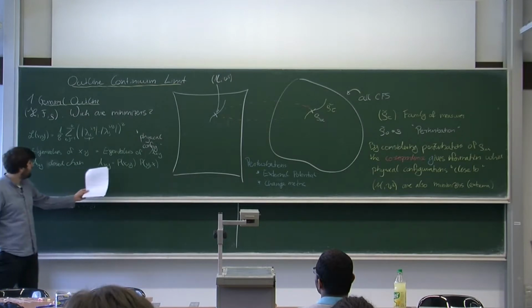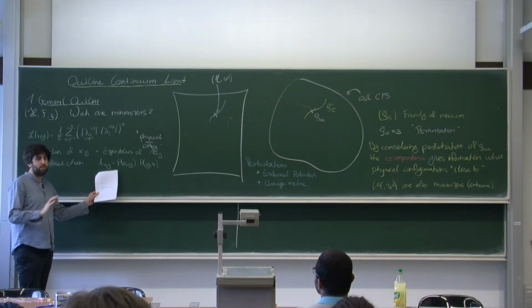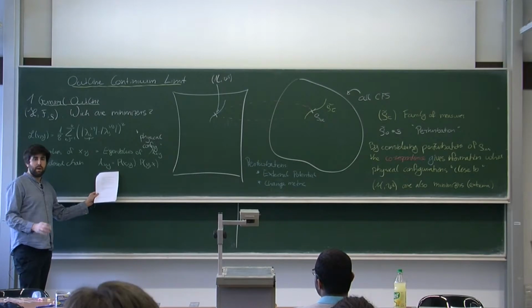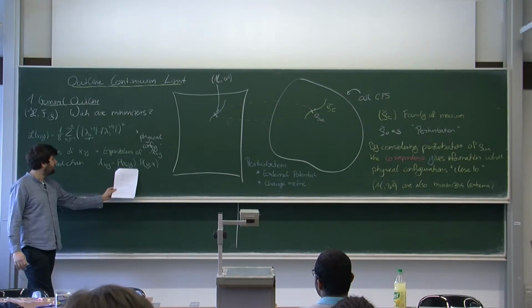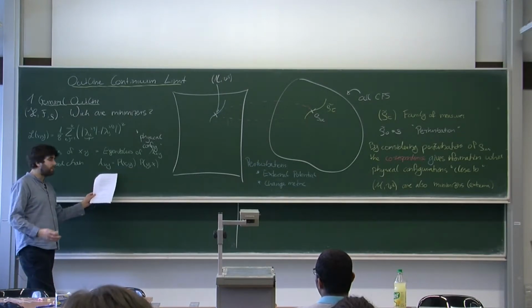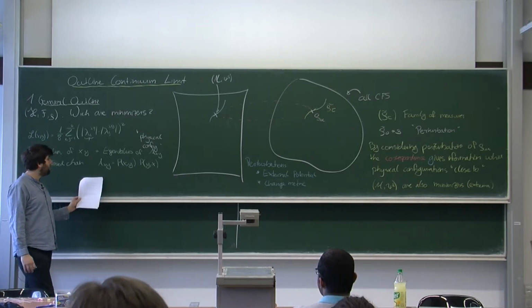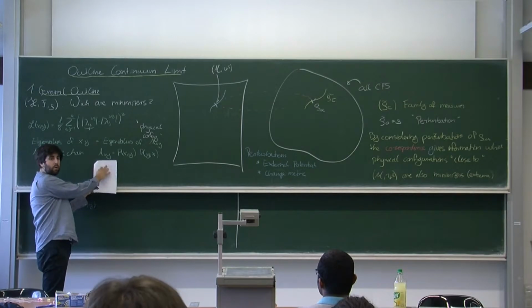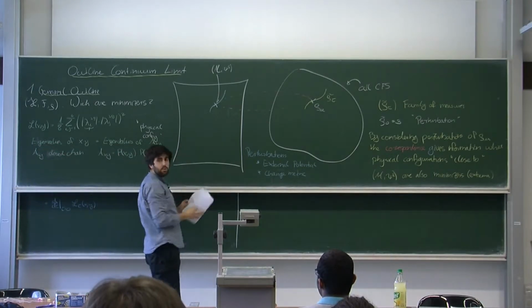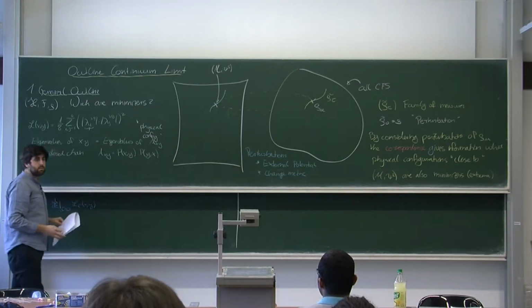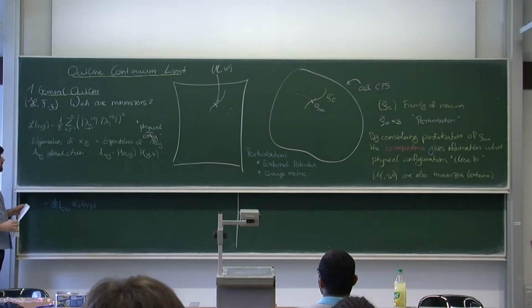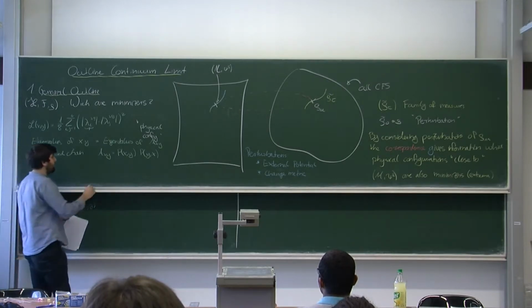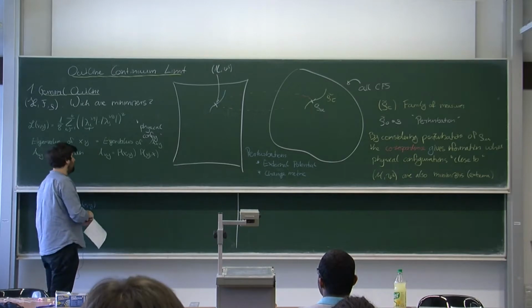You can make sense of this equation purely in the formalism, where you have this expression for P of xy in terms of the projector and the operators x and y. But you can also make sense of this whole expression on the side of physical configurations. We only need the eigenvalues of this.